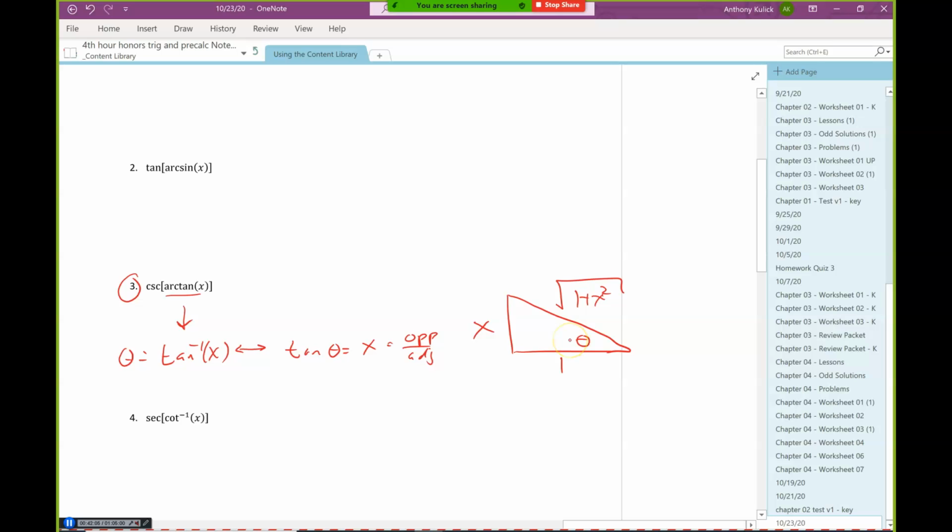So there we go. I'm going to use the inside part to build my right triangle, and then I'll evaluate the outside part using that right triangle. 1 plus x squared? Yeah.